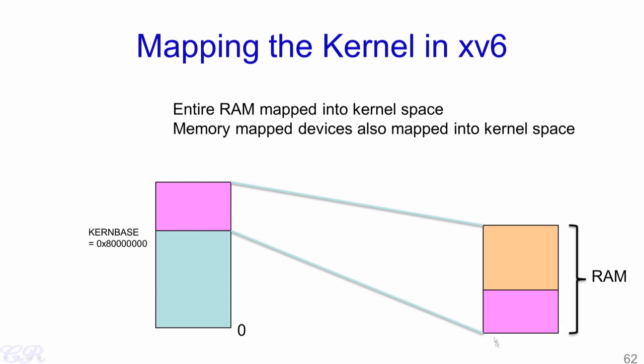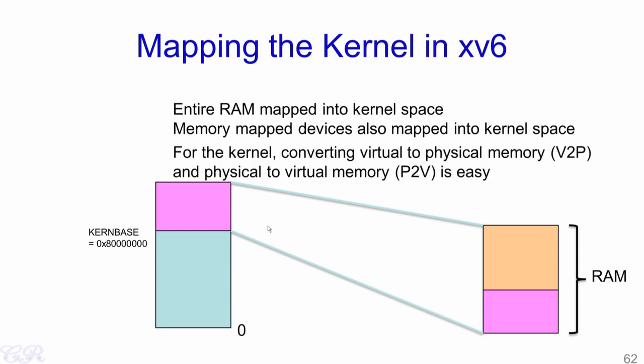That is, the 0th location of RAM gets mapped to what is defined as KERNBASE, that is 0x80000000. Similarly, every address in this RAM would have an identically mapped address in the logical space.